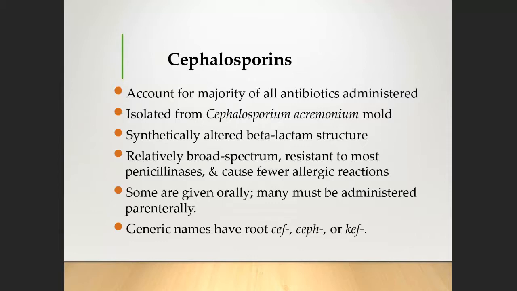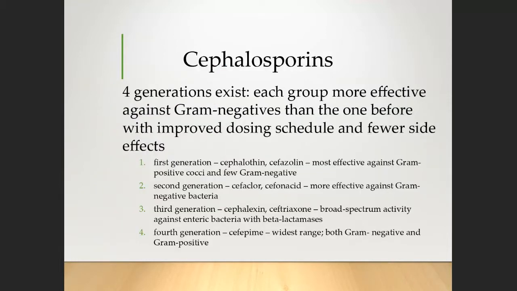The same thing with the cephalosporins. Initially it is made in nature by this fungus, Cephalosporium acremonium. So this is the fungus that produces cephalosporin. The first generation is usually natural cephalosporin.